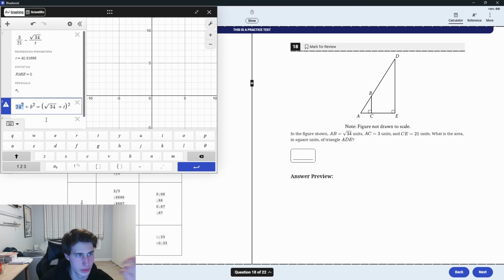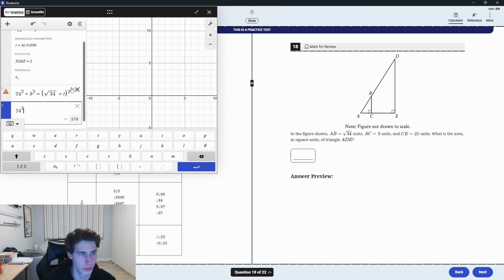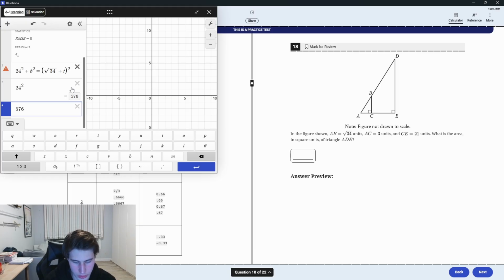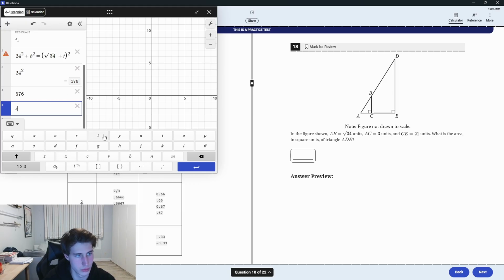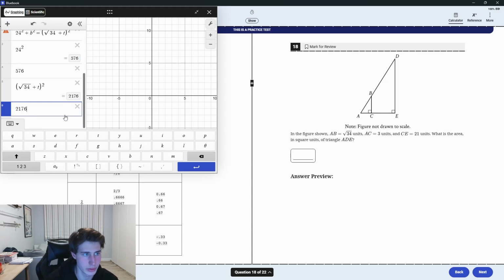So you know that our base is 24 squared. So 24 squared is what? 576. And then we know our C, which is square root 34 plus T, and we can square that. And we get 2,176.